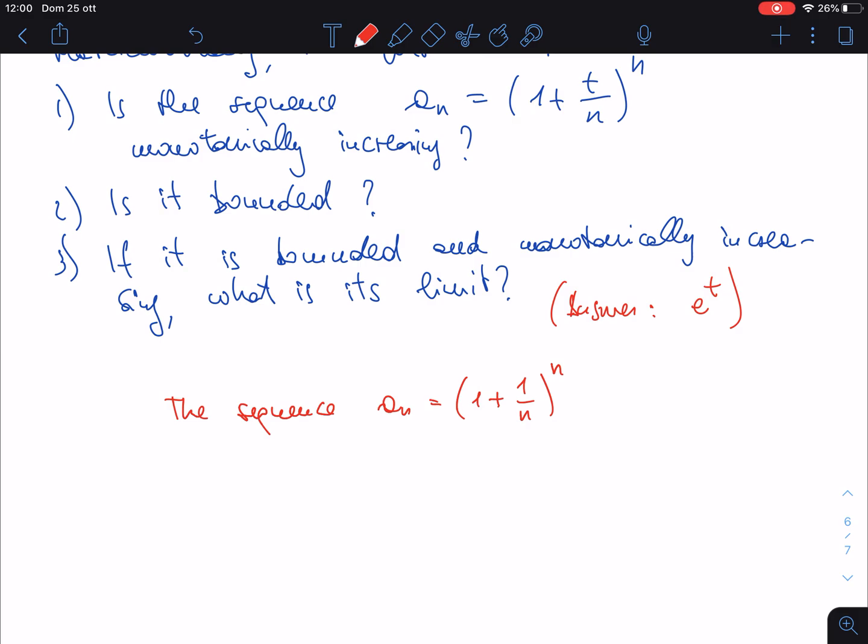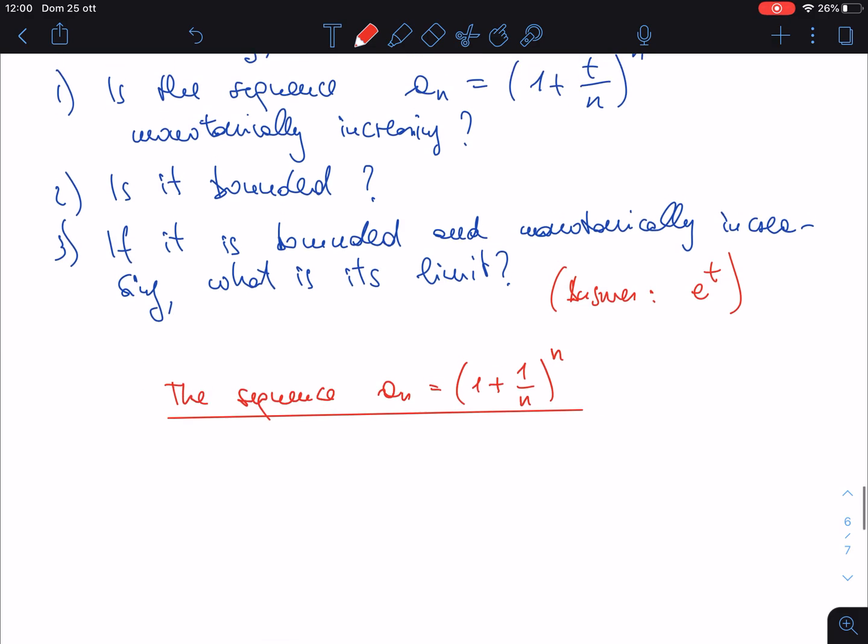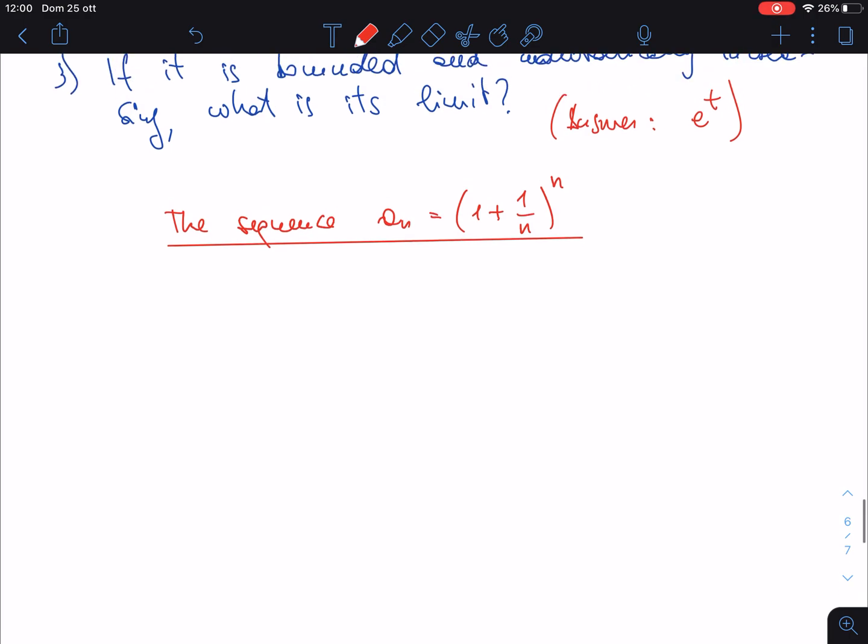So the first question is monotonicity. From the example we made in the previous video, in the previous chapter, we had strong evidence that a_n could be monotonically strictly increasing.